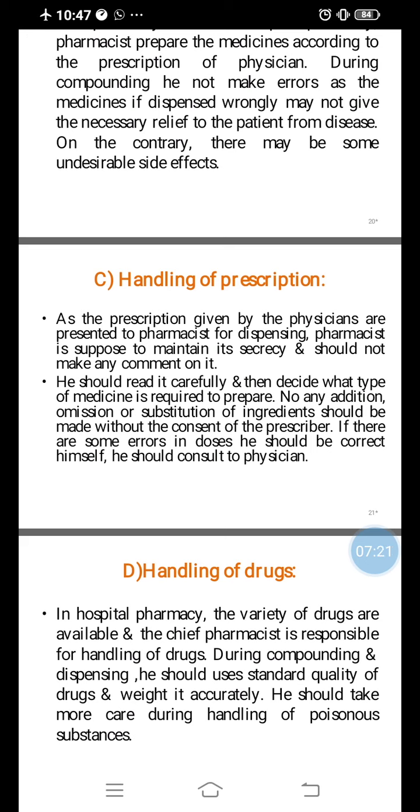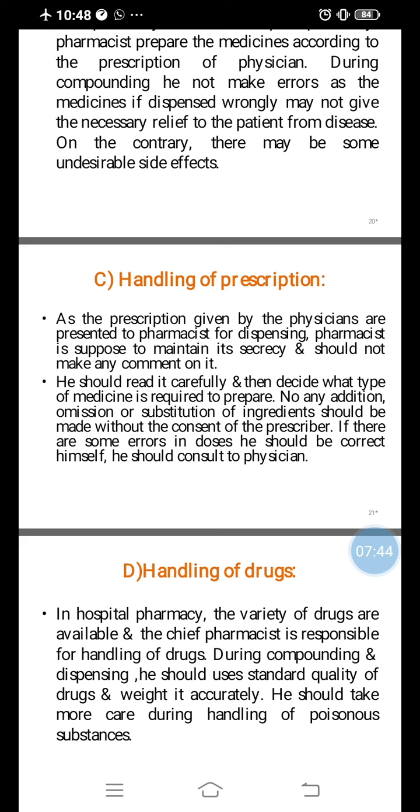As the prescriptions given by the physician are presented to the pharmacist for dispensing, the pharmacist is supposed to maintain its secrecy. He does not give any comment or response about that prescription.